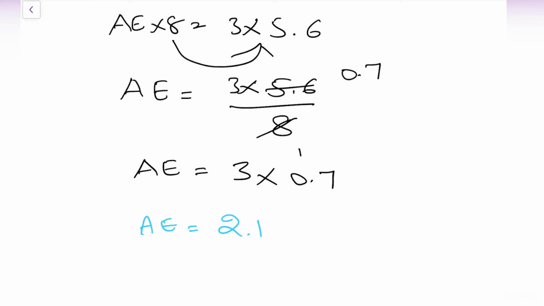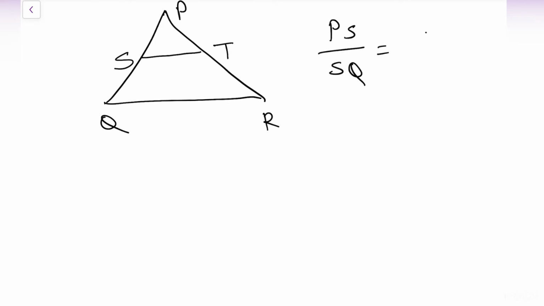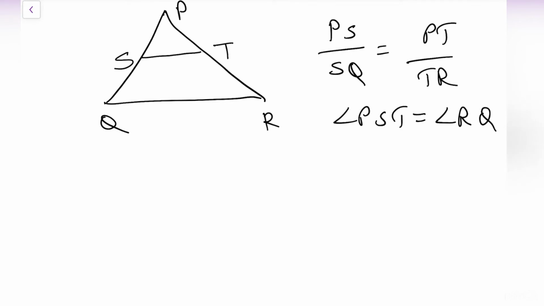And next type of question. We have a triangle PQR, and this ST is parallel to QR, and they gave that PS divided by SQ equals PT by TR, and angle PST equals angle PRQ.